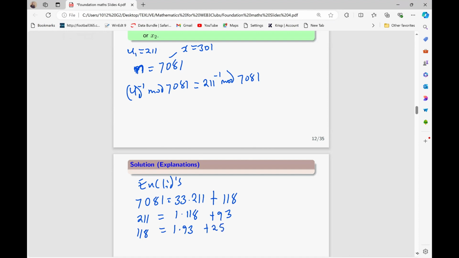Then 25 into 93: 93 divided by 25 goes 3 times. And so what is the remainder? The remainder is 18.